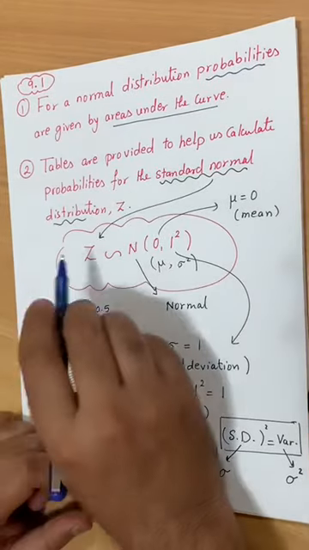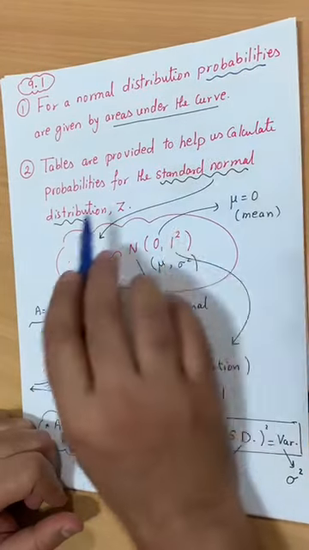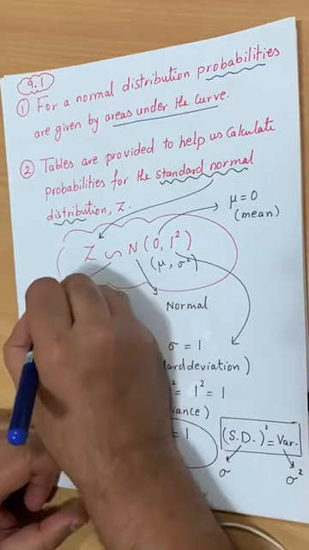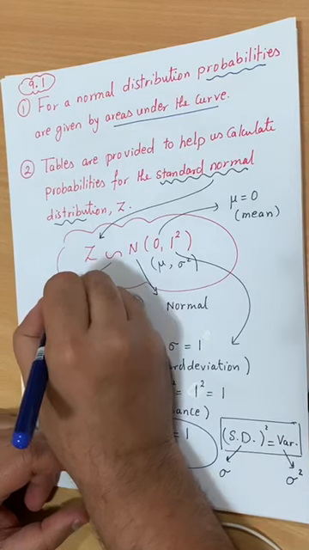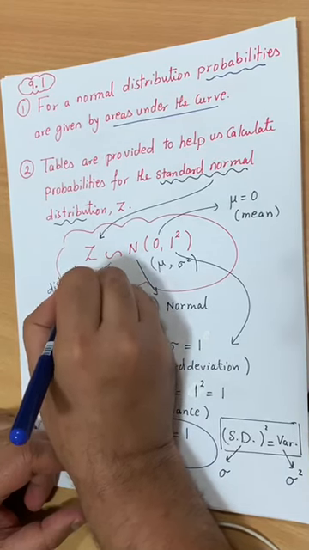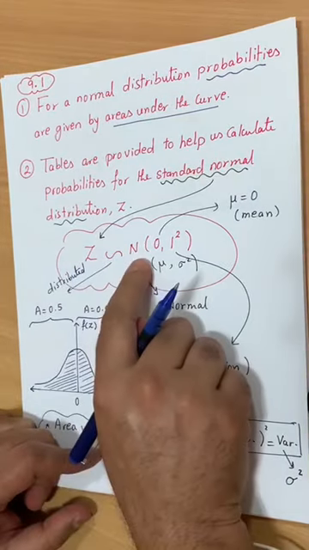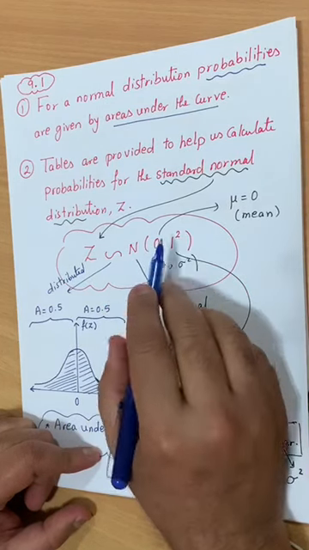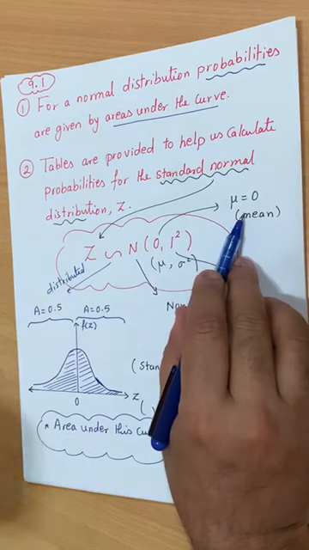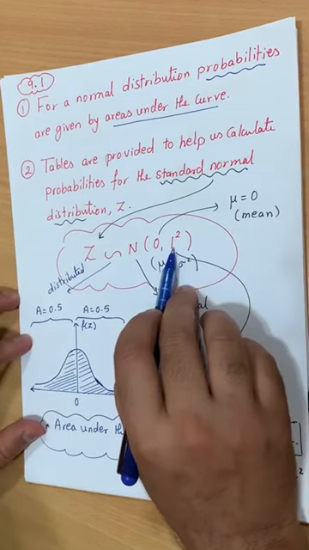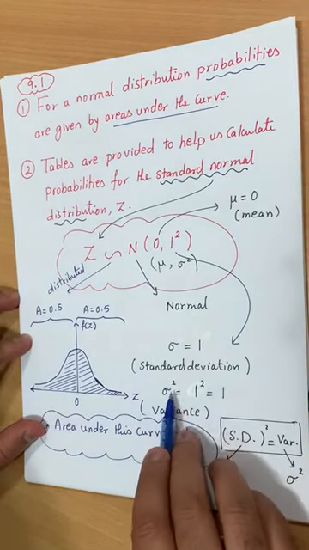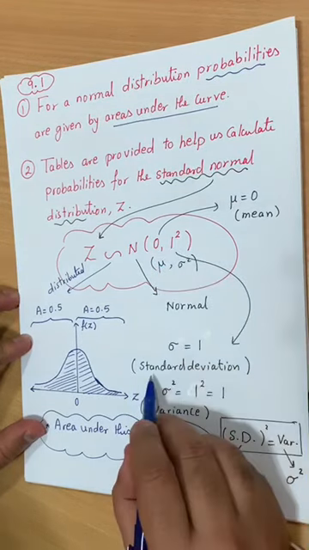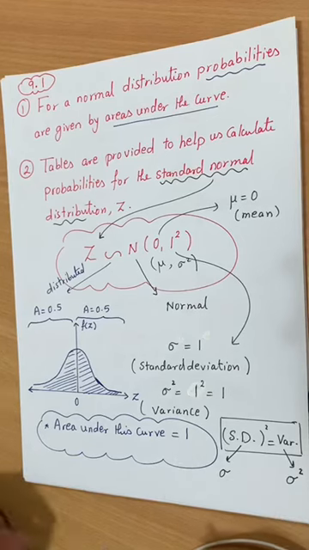Now, Z, which is standard normal distribution, is distributed, this sign means distributed, as the normal distribution of 0 and 1 squared. So 0 is the value which we call the mean, and 1 squared, sigma squared, is variance, but sigma itself is the standard deviation.